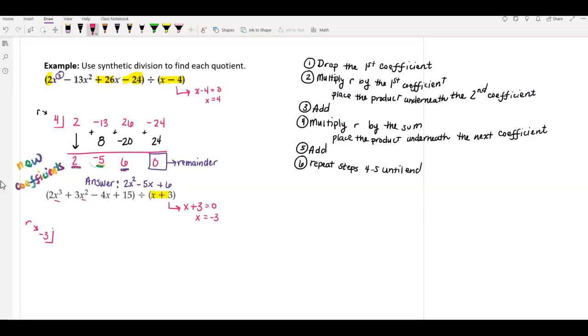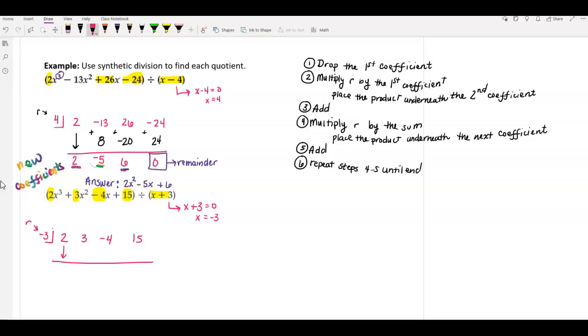So x cubed, x squared, x, no variable. So they are in descending order. Now we write down our coefficients. 2, 3, negative 4, 15.